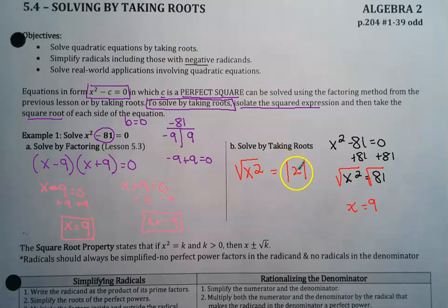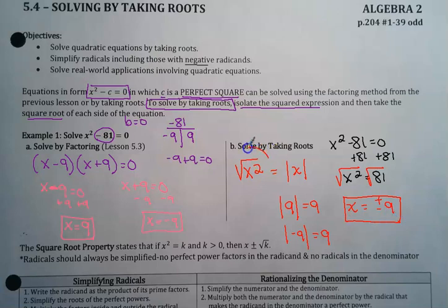However, the number x inside the absolute value could be a 9, because that equals 9, or it could be negative 9, which would also equal 9. So here, we can't say the square root of 81 is 9. We actually have to describe it as a positive or a negative 9, because it could be either one.